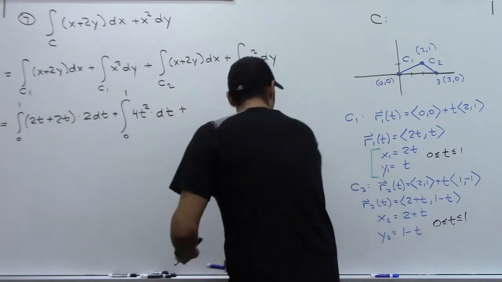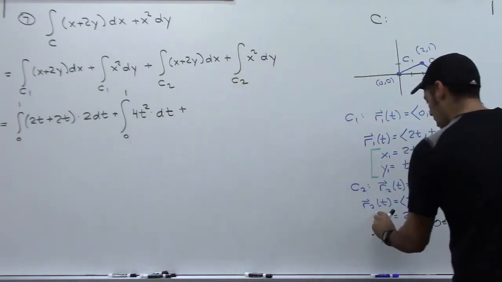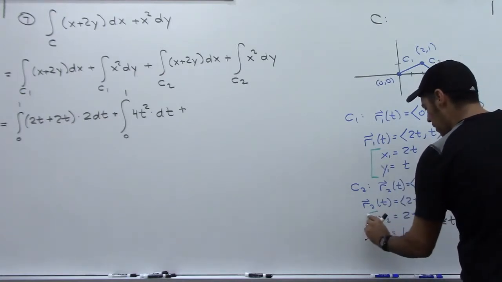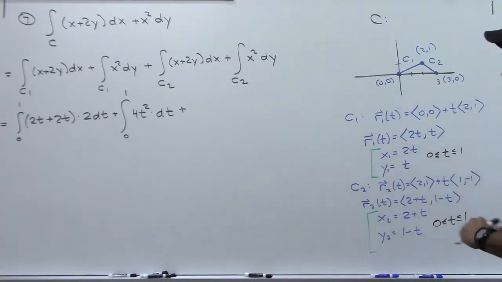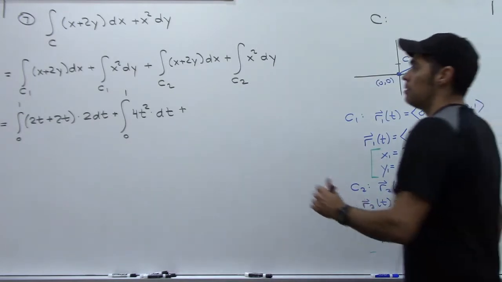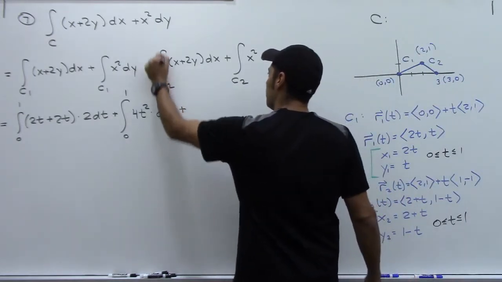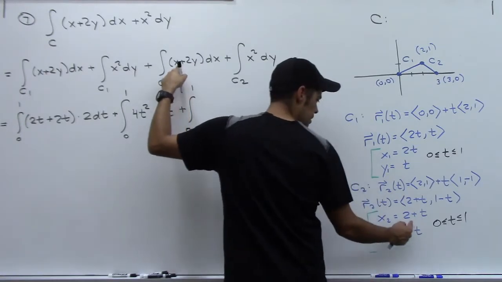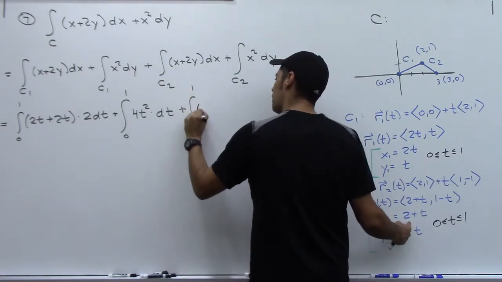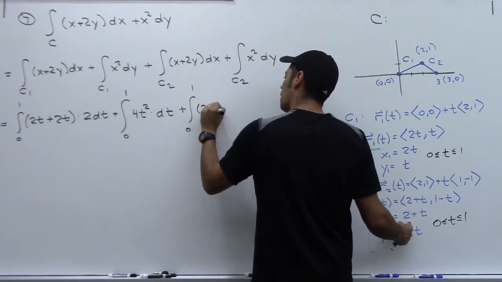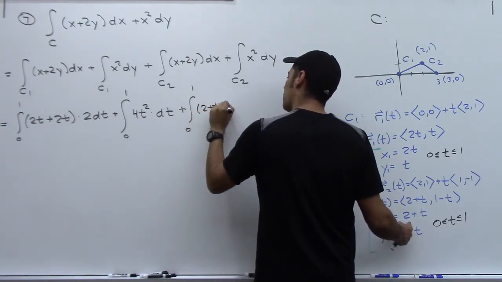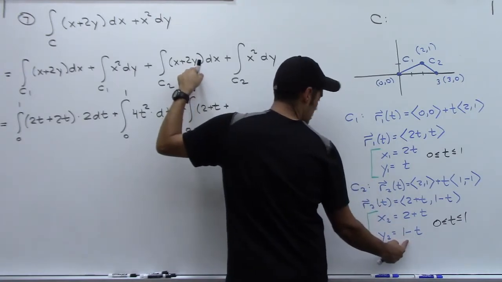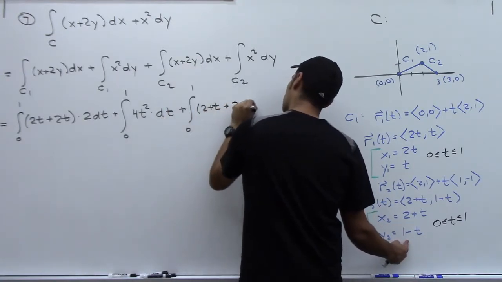Plus, now we're going to go over C2, so we're going to be looking at these 2 now. So we've got plus, this one right here goes from 0 to 1 also. X, which is, in this case, 2 plus t, plus 2 times y, which is 2 times this, which is going to be 2 minus 2t.